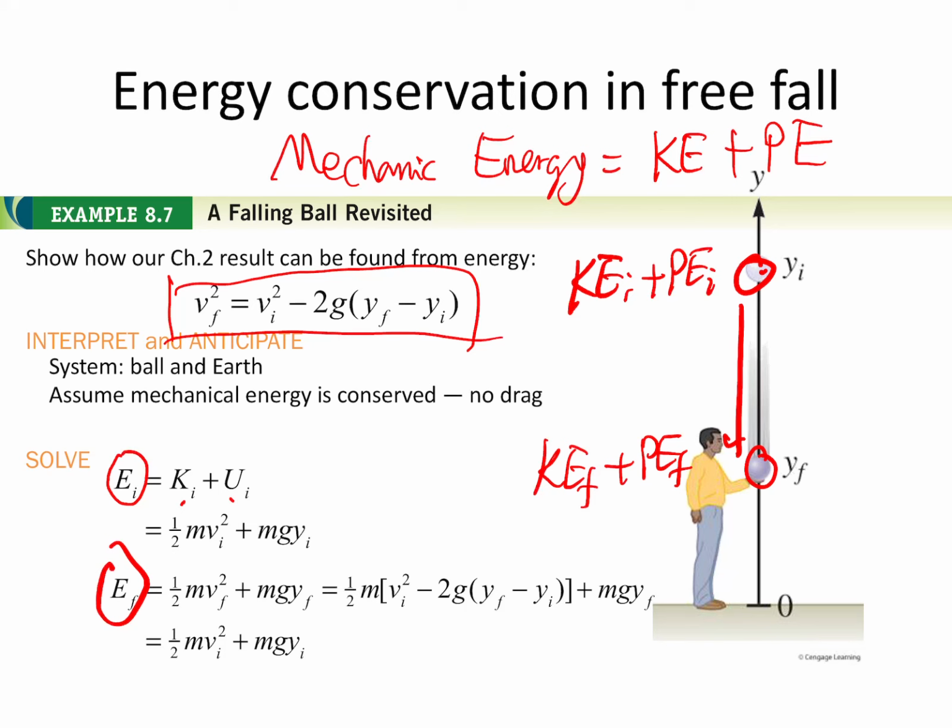Now, vf squared equals this, so I just replace vf squared with whatever is in this bracket. And when you combine all the terms, you find they're actually equal. So you see the mechanical energy of the ball here equals the mechanical energy of the ball here.